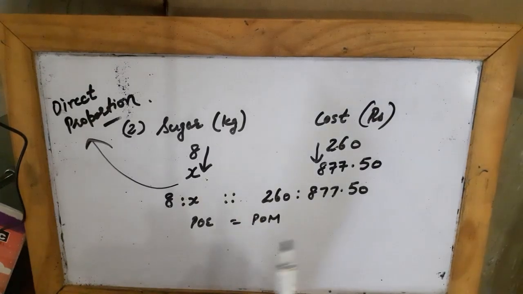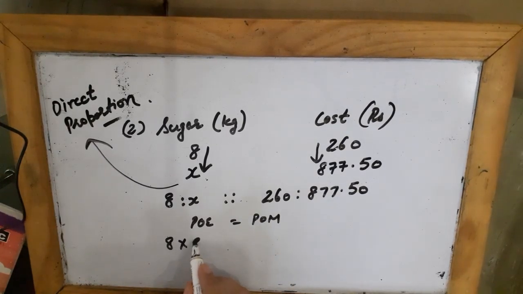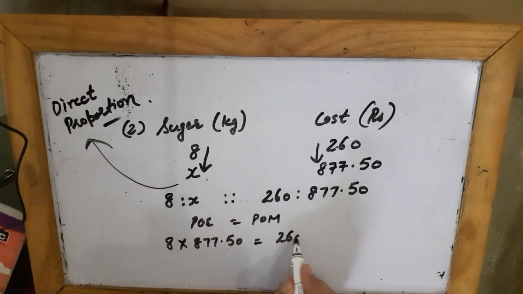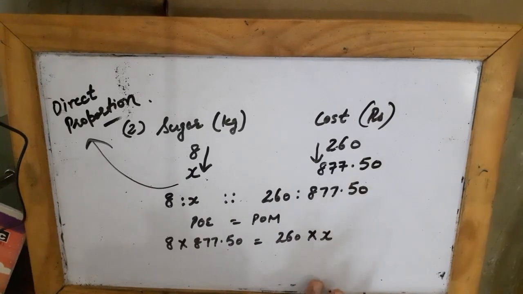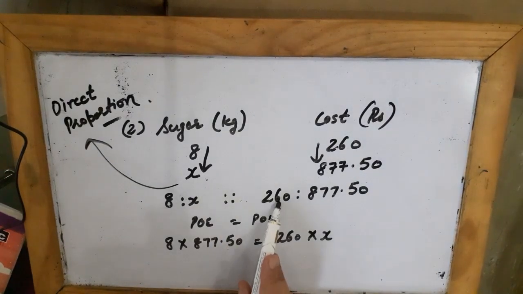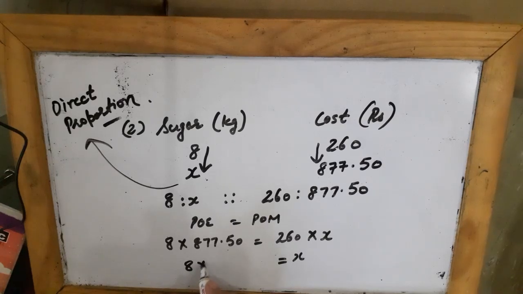So extreme terms multiplied together, 8 into 877.50, and mean terms, 260 into x. Now you have to find x. So 8 into 877.50 upon 260. Now this is a decimal number.